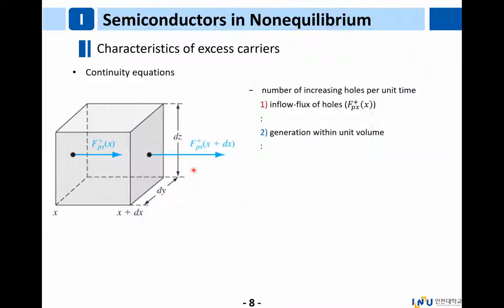Assume that the flux of holes only exists in the x direction and there is no flux in the y or z directions. So let Fpx represent the hole flux at the x location.